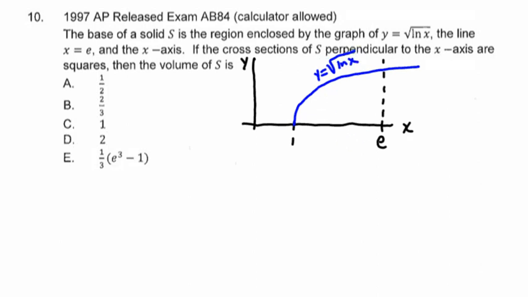So we are going to have as a base what I am now shading in red, and this is a cross-sectional area problem. You have the square, and by the way, the area of a square is side squared, s times itself, or s squared.